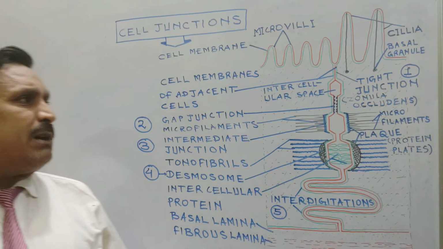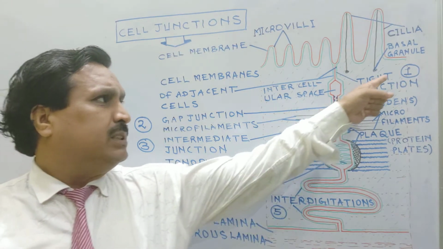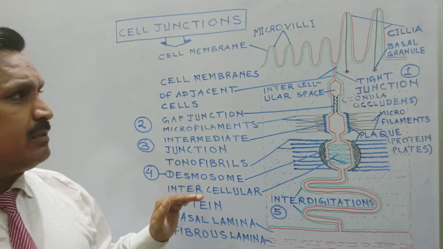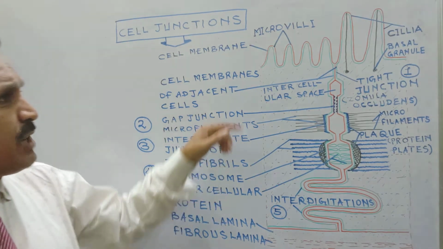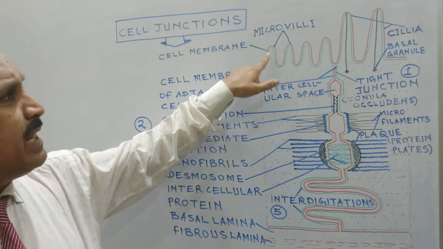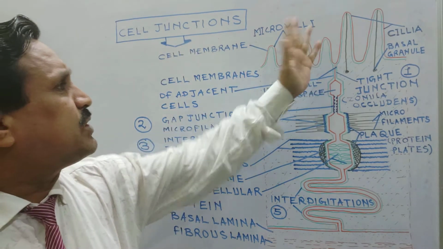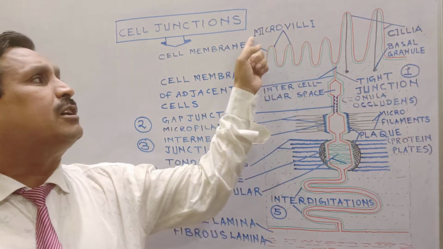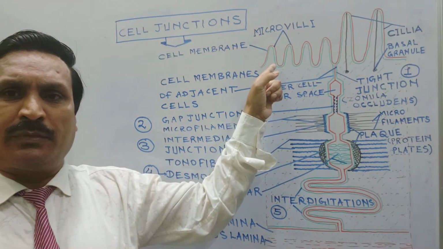Let us talk about junction number 1, that is tight junction. In this figure, you students are visualizing finger-like structures, and these finger-like structures are microvilli.